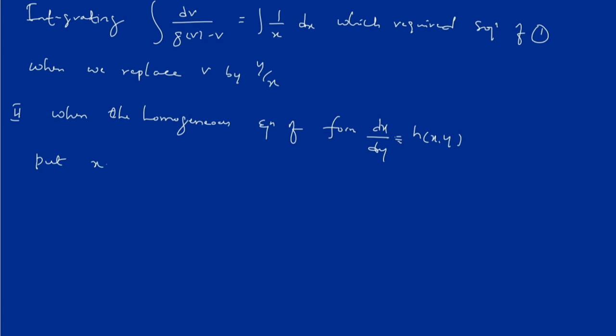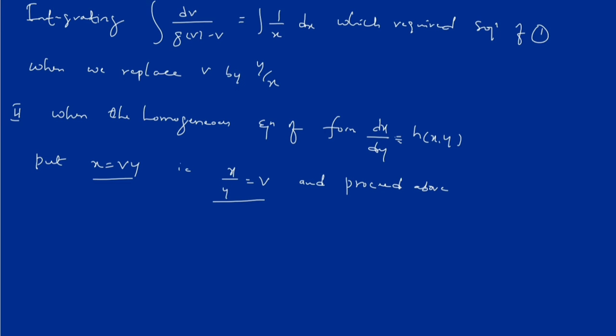Here, put x equals vy; there we took y equals vx, here x equals vy. Therefore x by y equals v, and proceed as above. Substitute and differentiate x with respect to y, that is dx by dy. We get the u v form again, substitute in equation 1 and simplify, separate the variables and integrate it. Finally, replace v by x by y.